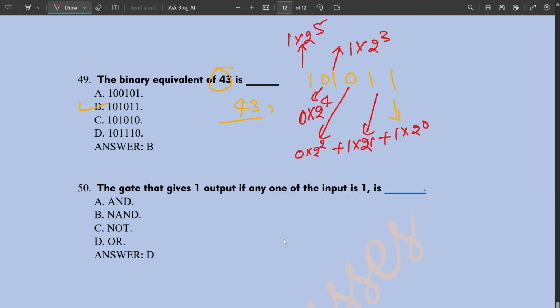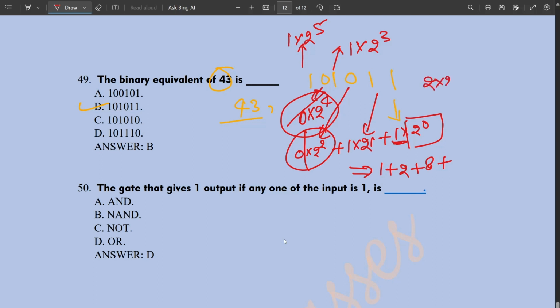Now we add. The zero terms don't make a difference. After adding, we get 2 to the power 0 is 1, 1 multiplied by 1 is equal to 1, plus 1 multiplied by 2 is equal to 2, plus 1 multiplied by 2 to the power 3, it will be 8, plus 2 to the power 5, which is 32.